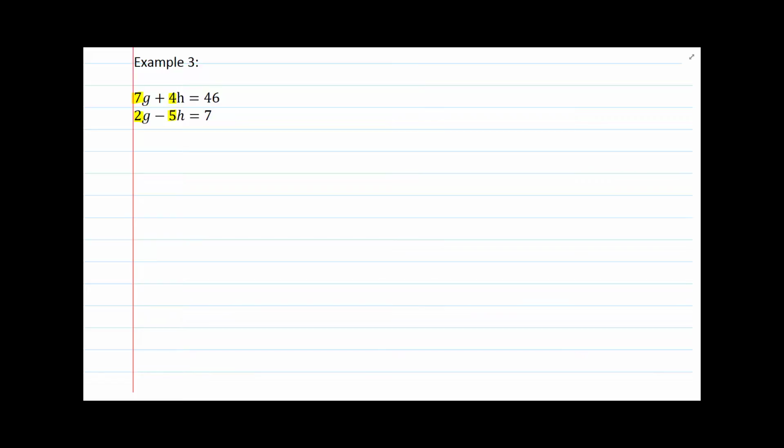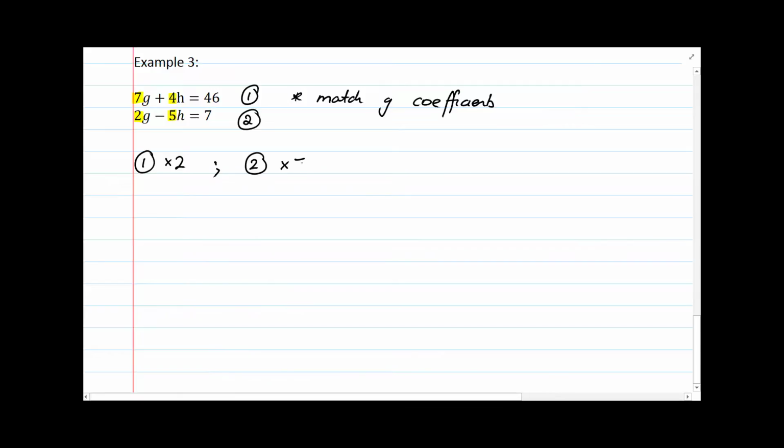So what I'm going to choose is I'm going to match my g coefficients. And I'm going to do this by calling this equation number 1 and this equation number 2. I'm going to do equation number 1 times 2 and equation number 2 times 7.